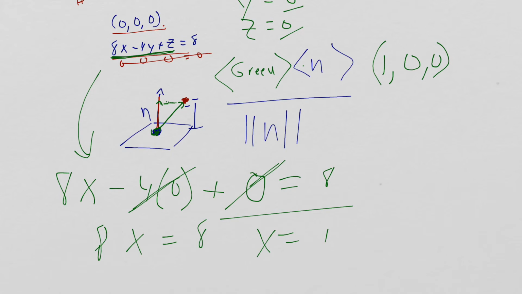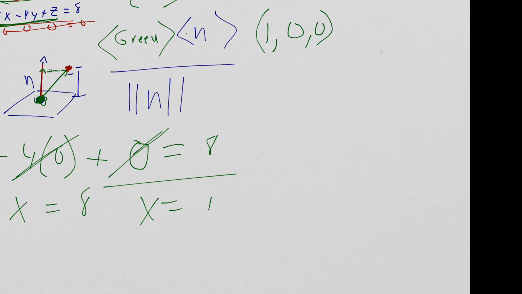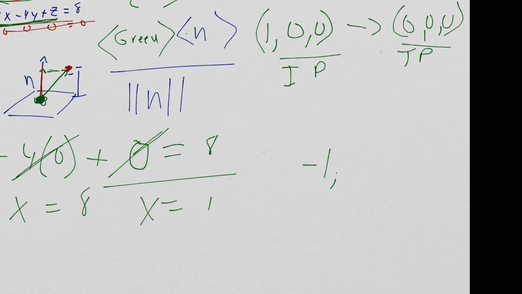Now what we're going to do is take this point and find the vector from this point to the red point. Well, that vector is easy. As I go from 1, 0, 0 to 0, 0, 0, terminal minus initial, I'm going to get negative 1, 0, 0.